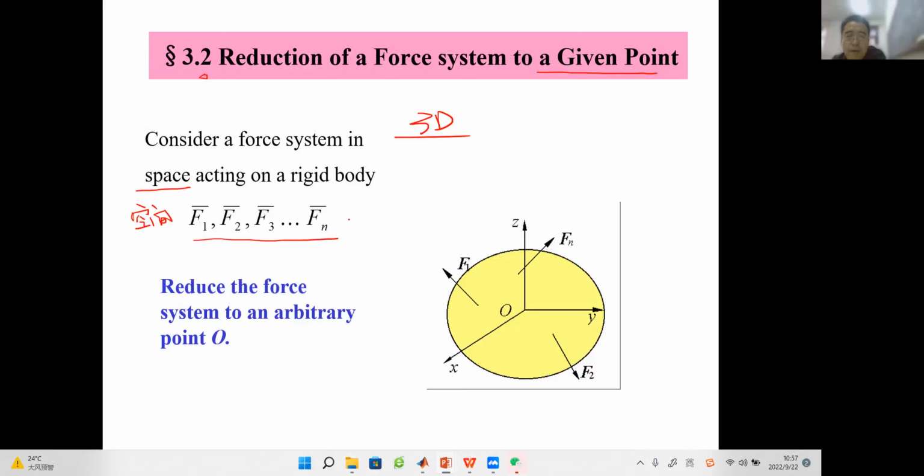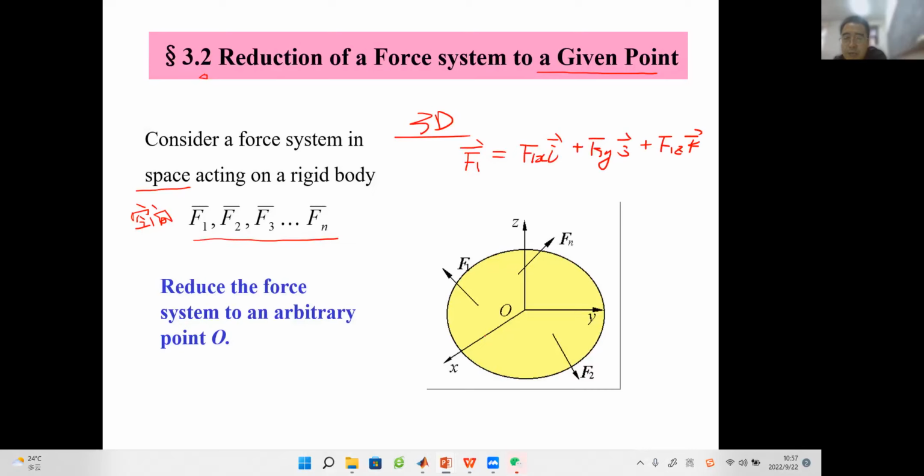If we talk about a force in space, then it will have three components.